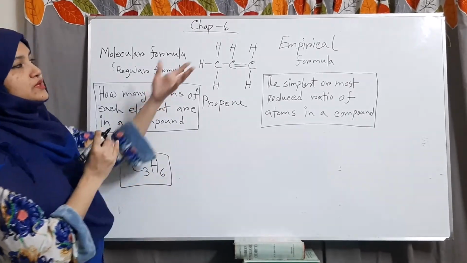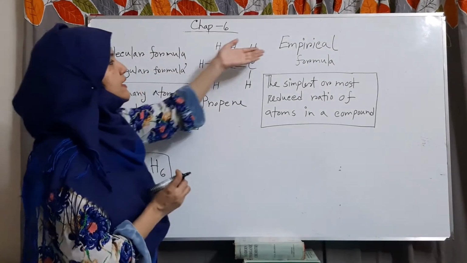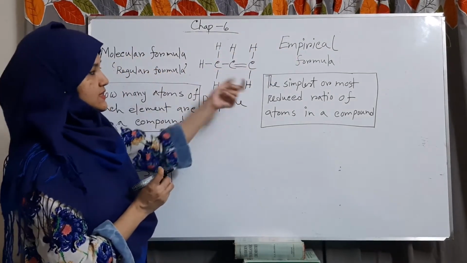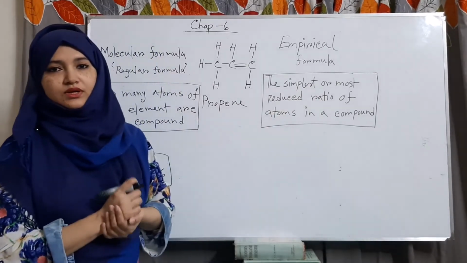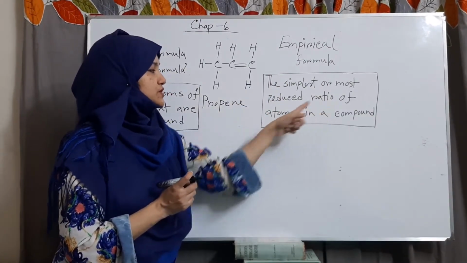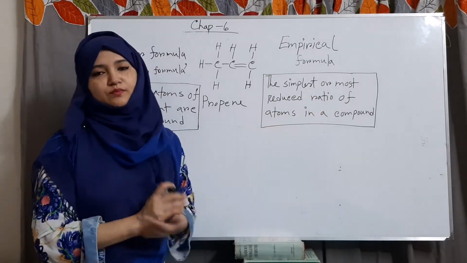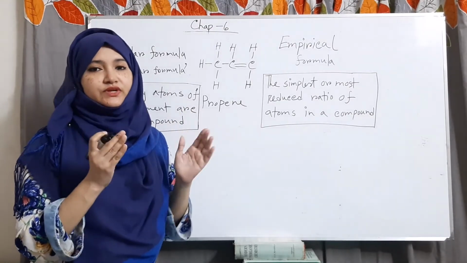Then what is the empirical formula? The empirical formula tells us the simplest or most reduced ratio of atoms in a compound. That means it's just a ratio.